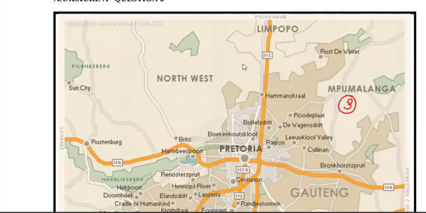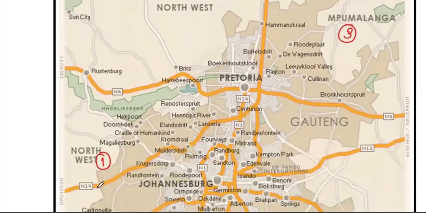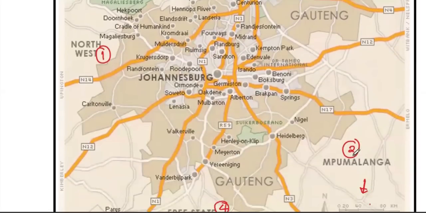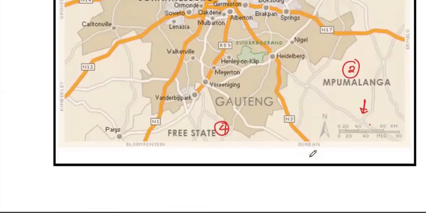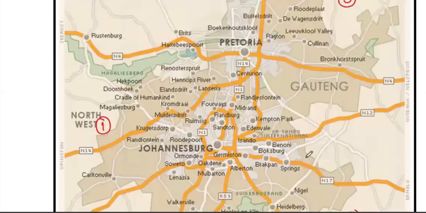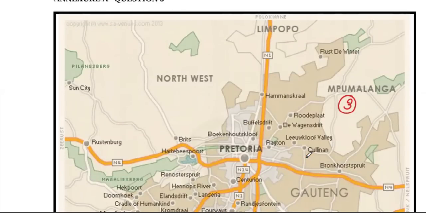We have northwest. This is northwest, so 1, 2, 3, 4. Oh, Limpopo is here, 5.